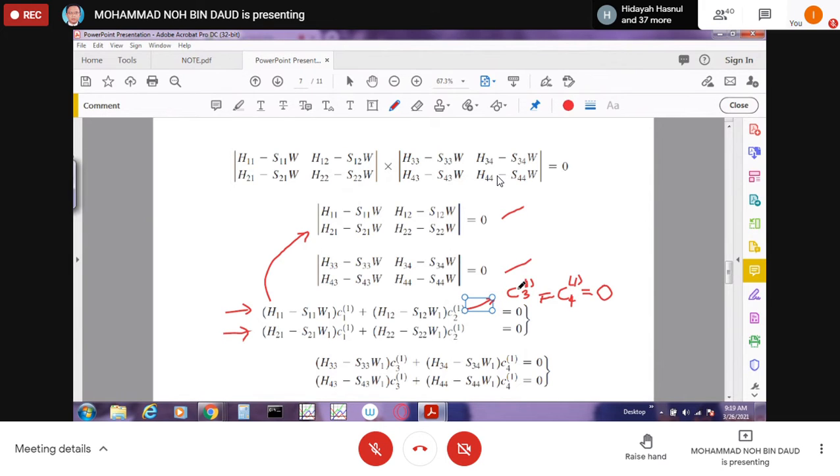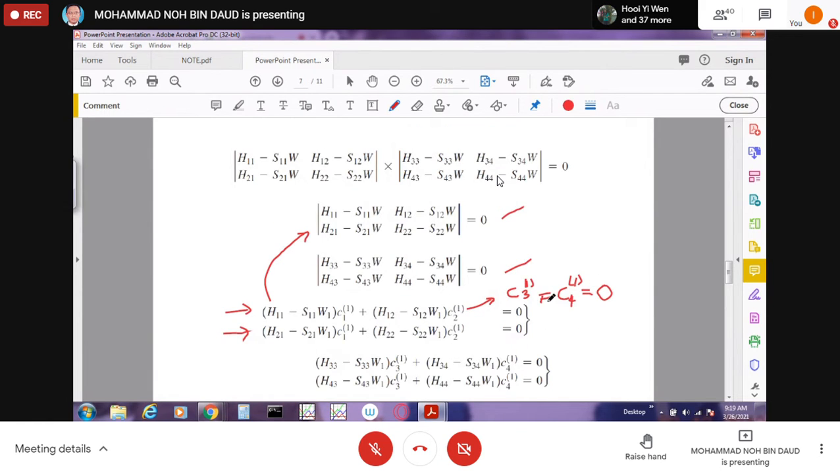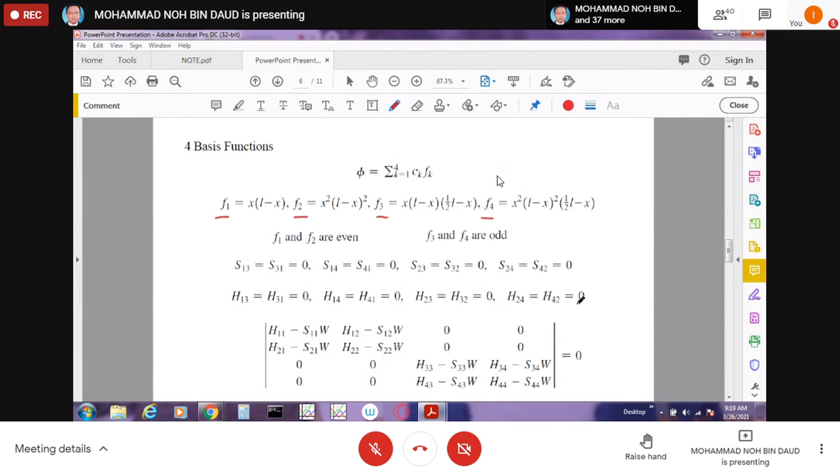So when we have this simultaneous equation, of course C3 and C4 are 0.